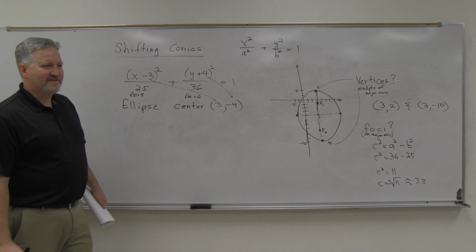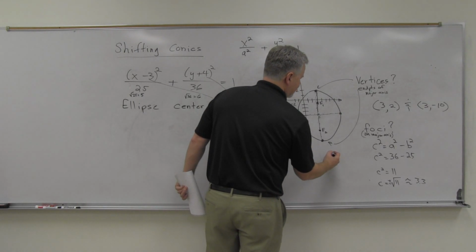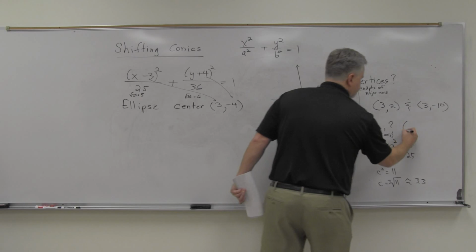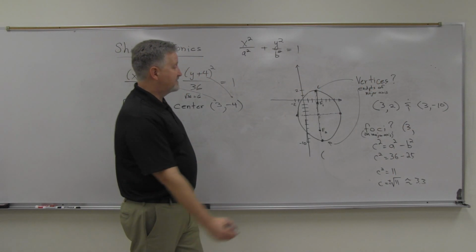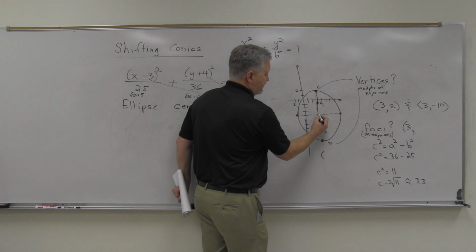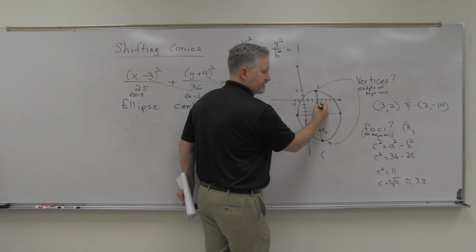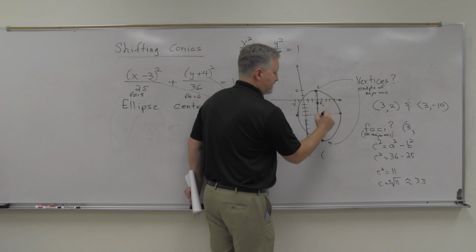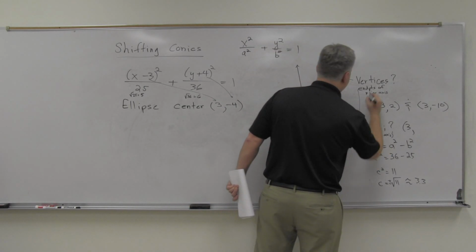So can we get coordinates for that? A little harder, I guess, but here's the thing. Both of those foci have an x value of 3. I just have to figure out the y value. My center is 3, -4, right?